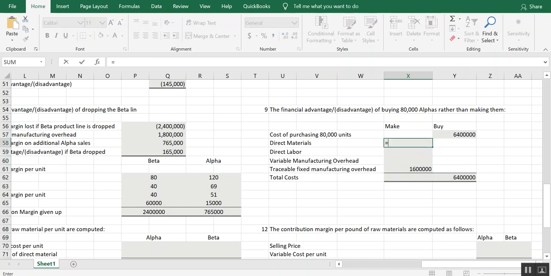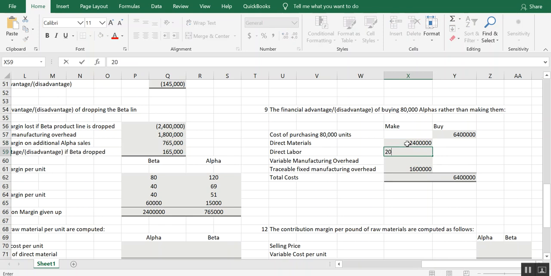For direct materials, we're going to take the $30 times 80,000 units. That's how many we're going to use this year. If we buy them, we're at $6,400,000. If we make them, we have to take those 80,000 units, put in the direct materials.